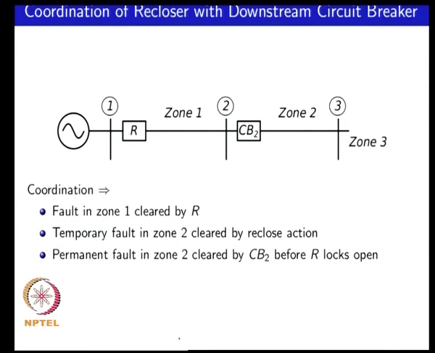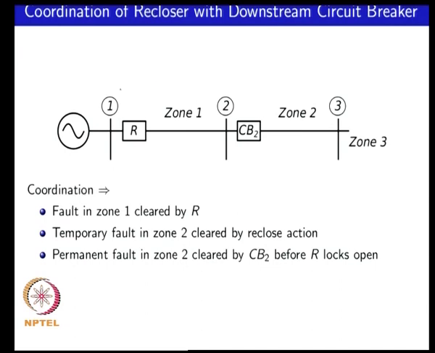So, your recloser might be sitting at the substation and your circuit breaker might be somewhere further downstream, and by a recloser it needn't just be the timing of trying to stay closed for some time, then opening, staying, reclosing again, etc. The logic underlying the recloser might also have a circuit breaker characteristic. Okay. So, in addition to the recloser characteristic, there might be an underlying circuit breaker characteristic. So, the circuit breaker in this particular R can be coordinated with CB2 like what we have discussed previously.